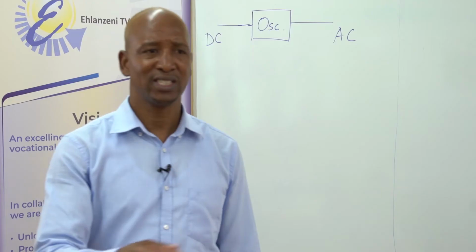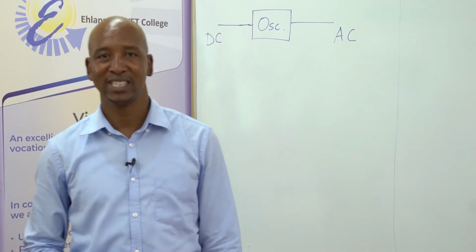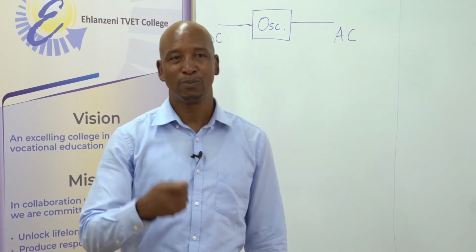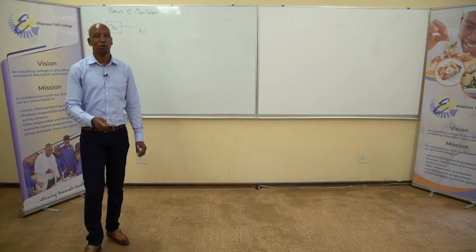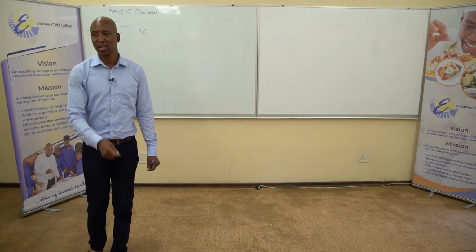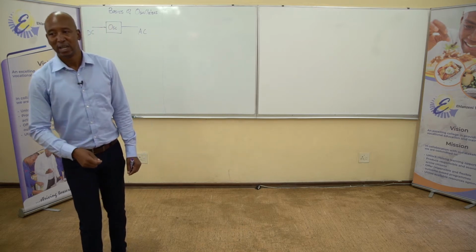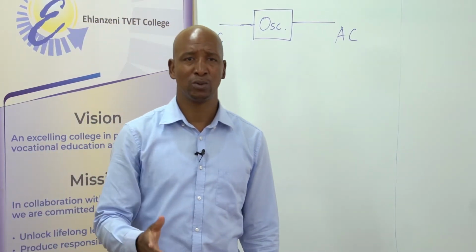Nowadays, computers have microprocessors, which determine the speed of operation of your computer. So they need a clock, and a clock can be provided by oscillators. So that is where oscillators are being used.